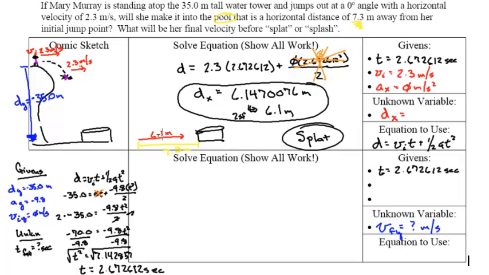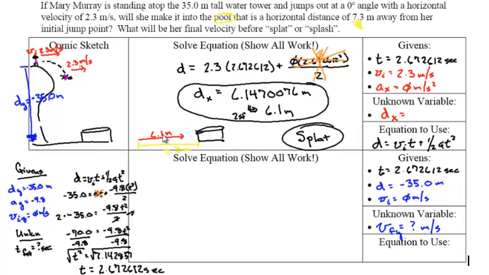I know a displacement equals negative 35.0 meters. And I know an acceleration due to gravity, and I know a velocity initial equals 0 meters per second.